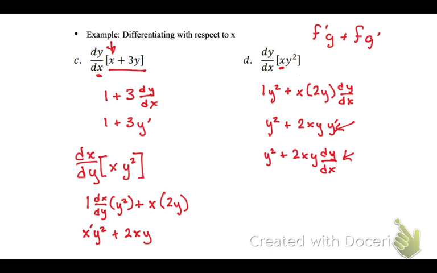So the denominator tells you what variable you differentiate with respect to. Can there be more than 2 variables involved? Yes. Any variable other than the one being differentiated with respect to has the derivative after it.